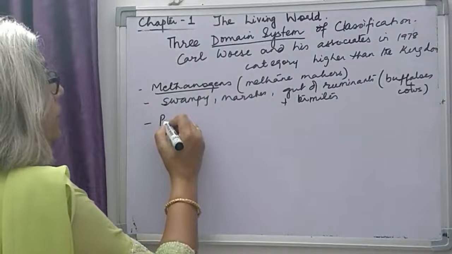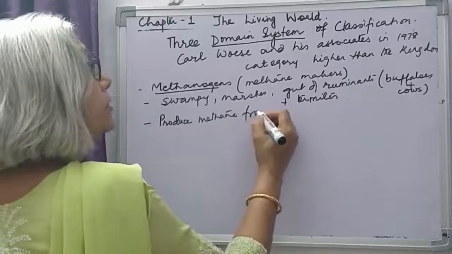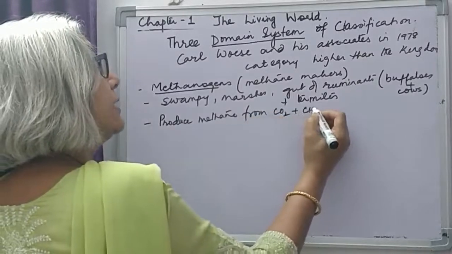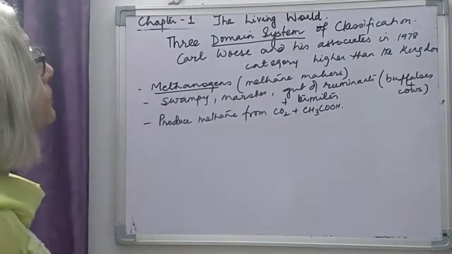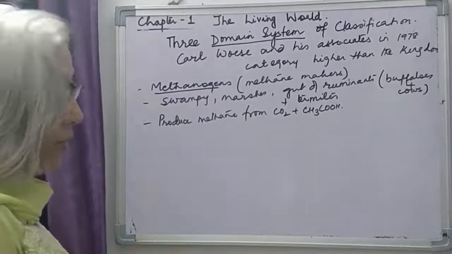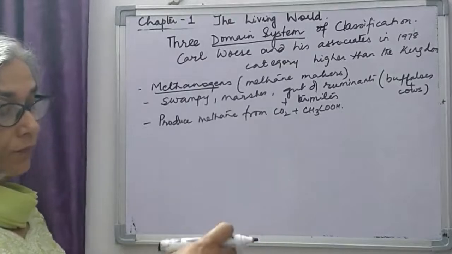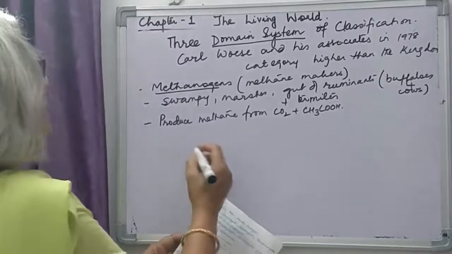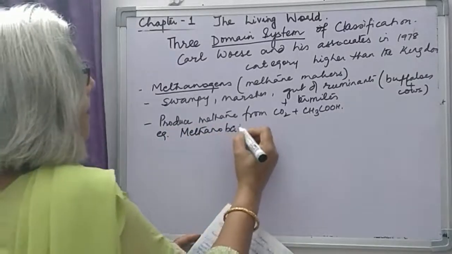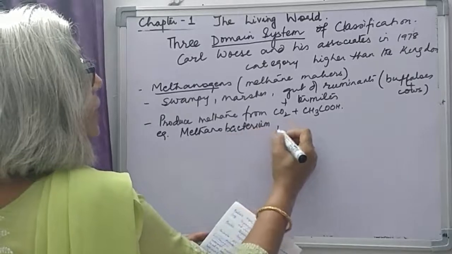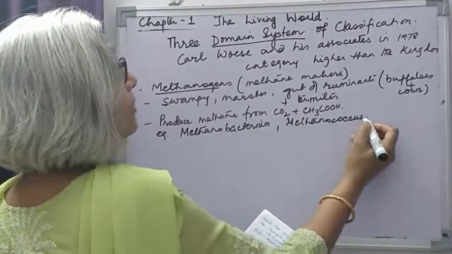They produce methane from carbon dioxide and acetic acid. And the important methanogens are methanobacterium and methanococcus. These are the examples of methanogens.